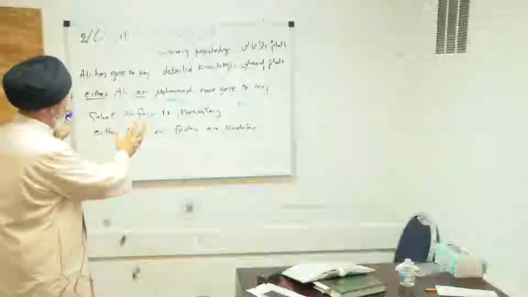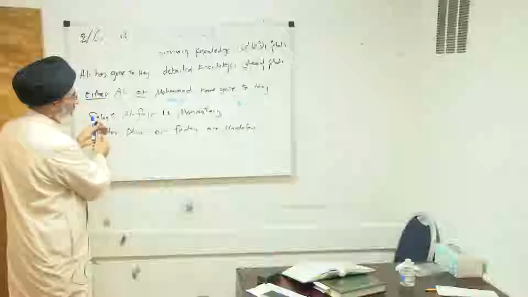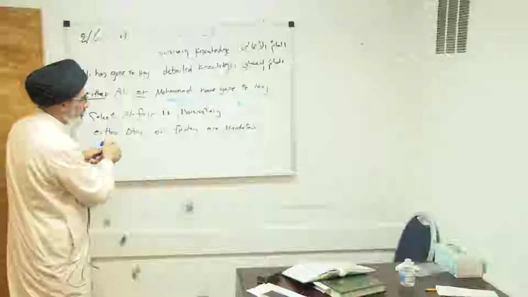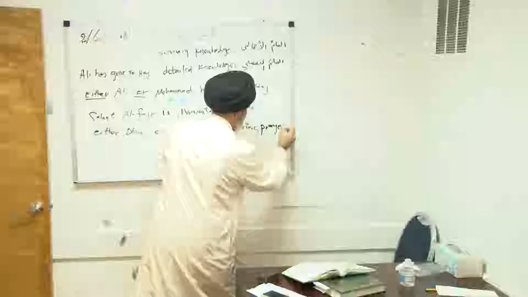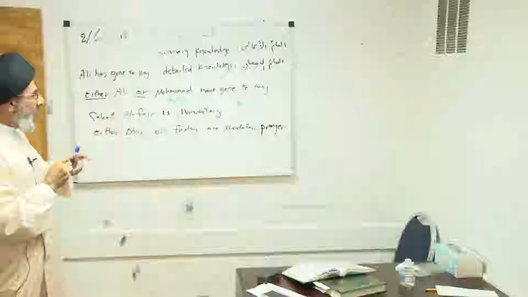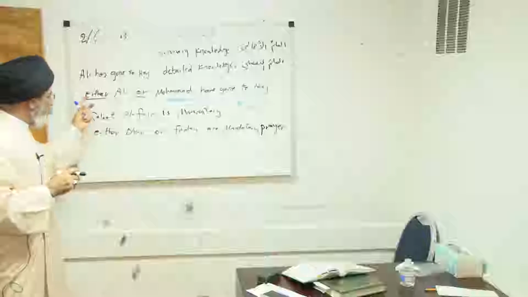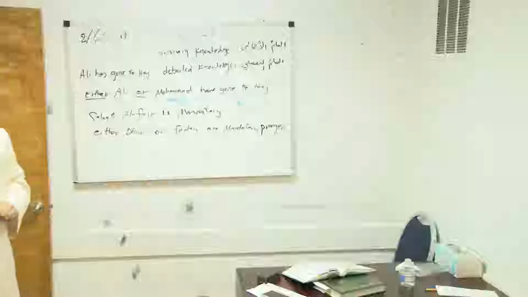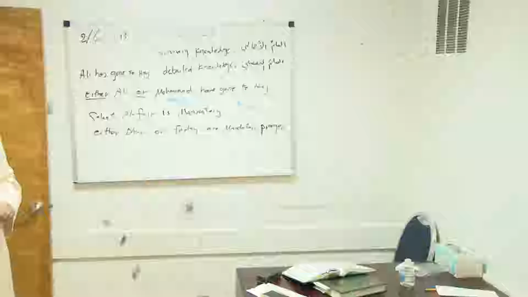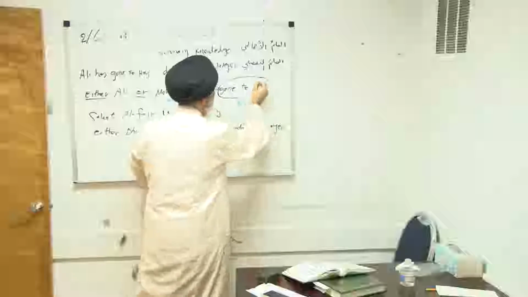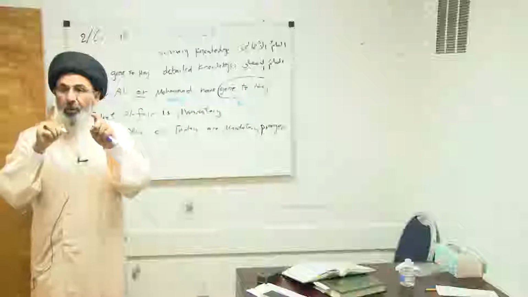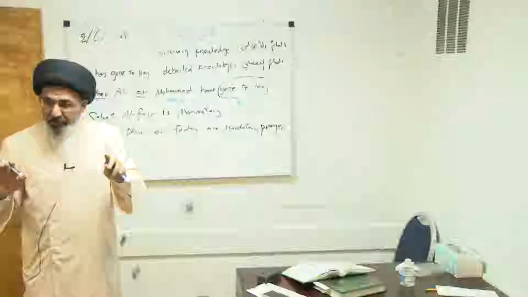But in these two examples, which one is a clarity? Which one is ambiguity? Gone to Hajj is a clarity in this one. So I know for sure one of them has gone to Hajj.